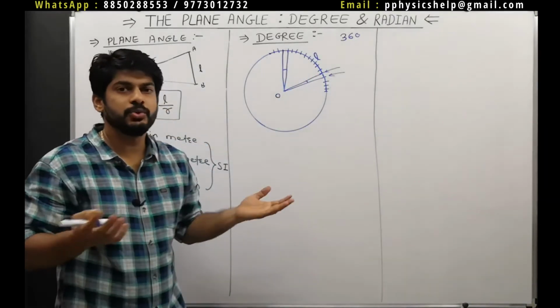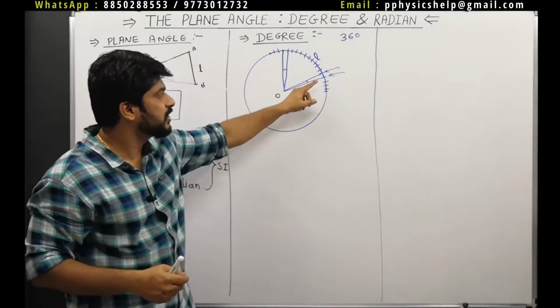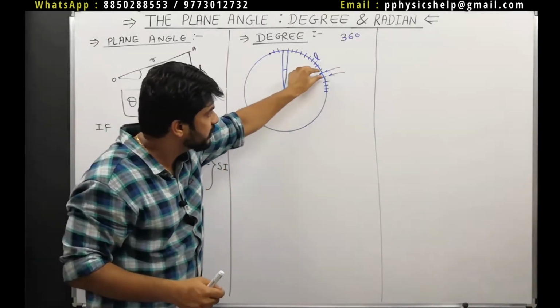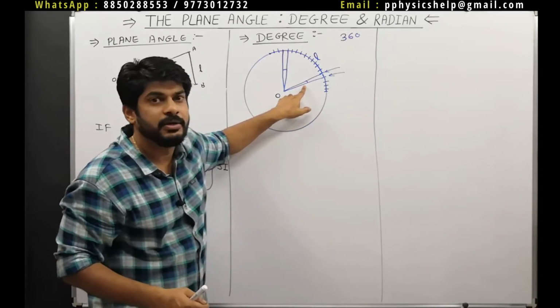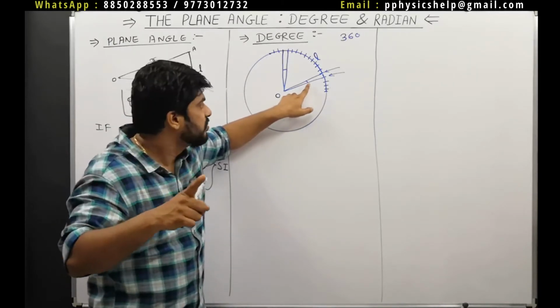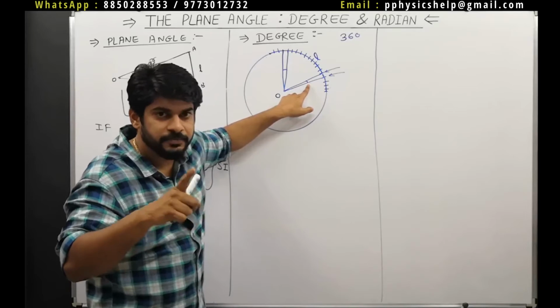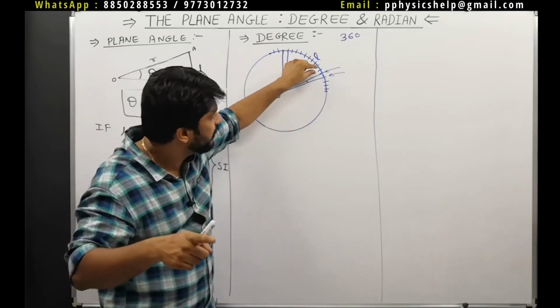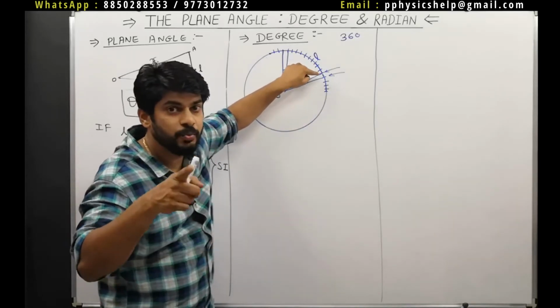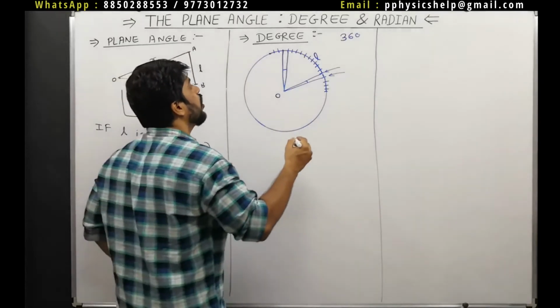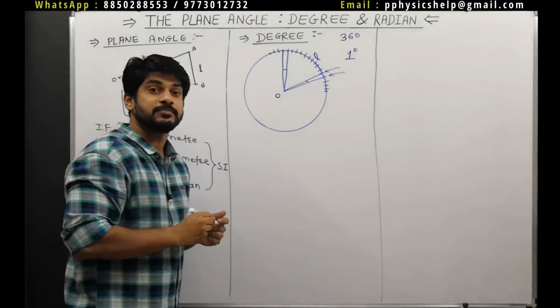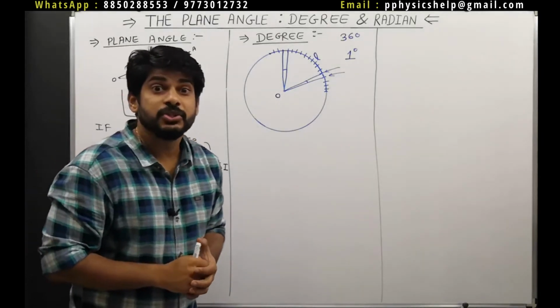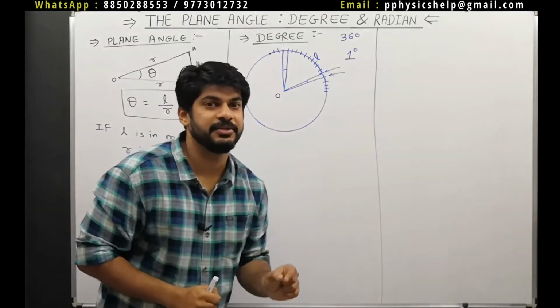So we can do that, and you can see here, each small arc is subtending a certain angle theta. Now this angle subtended by this small arc is called exactly 1 degree.